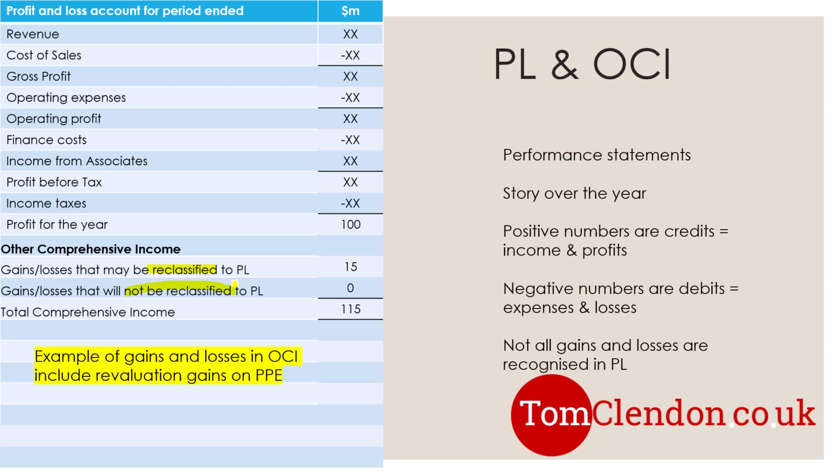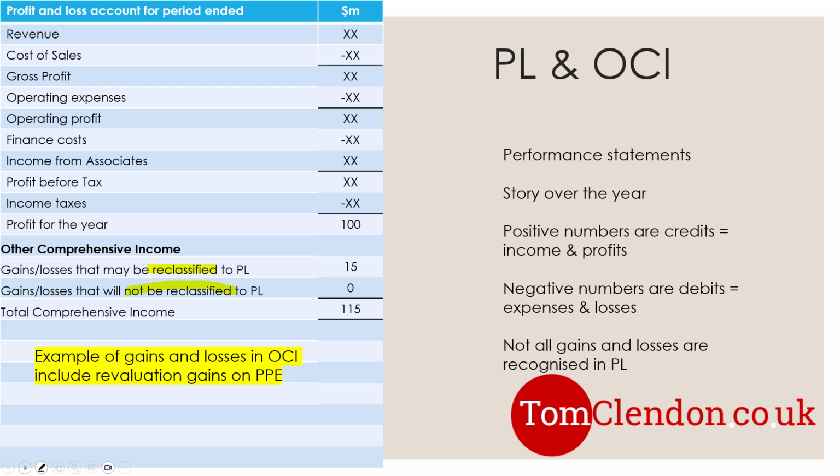I will explain that properly when we do the framework lecture, which is coming up. I just want you to be aware that not all the gains and losses are in the P&L. Some have gone to equity, and we include them in other comprehensive income so we can give a complete picture.